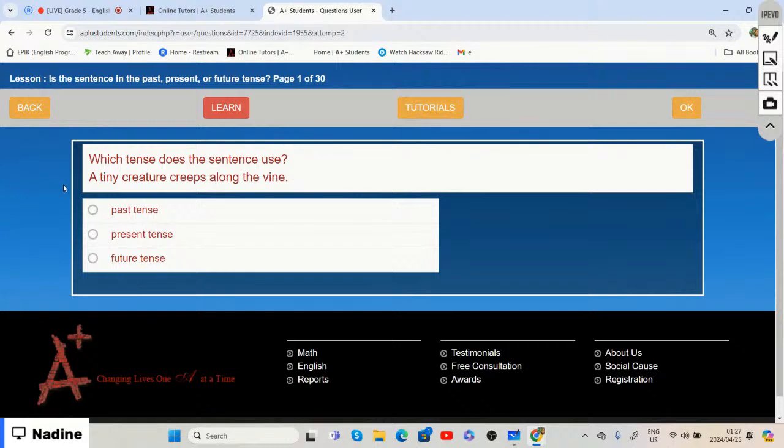A tiny creature creeps along the vine. Is this past tense, present tense, or future tense?